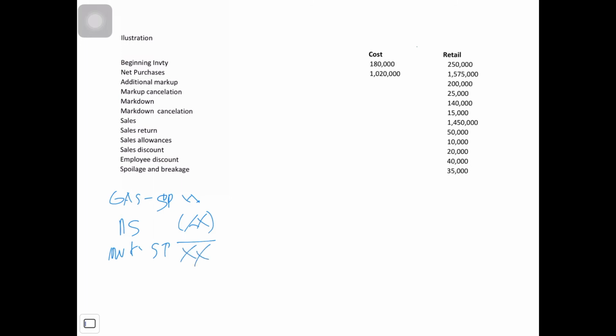So, we will do it here. How much is our goods available for sale at cost? Cost is 1,200,000.